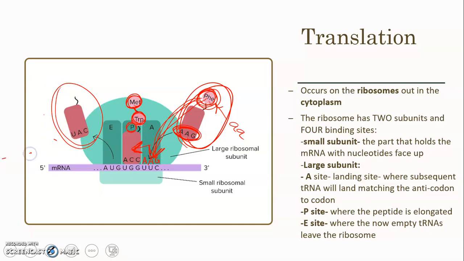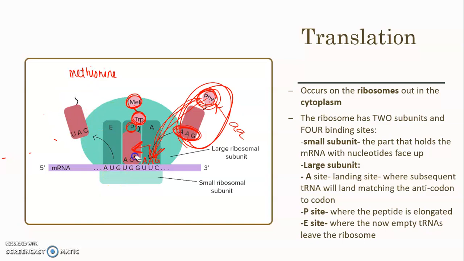He was originally carrying methionine, and I know that because this guy right here is the complement to my start codon AUG. So he was once carrying methionine. This guy right here was once carrying tryptophan. And this guy again is carrying phenylalanine.